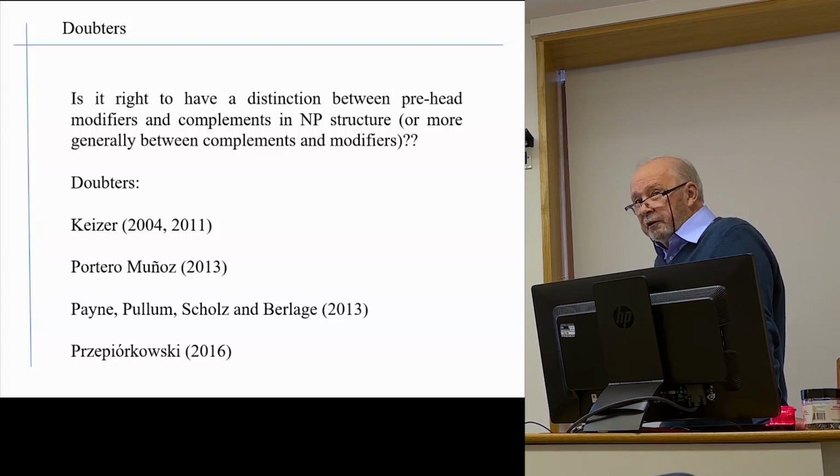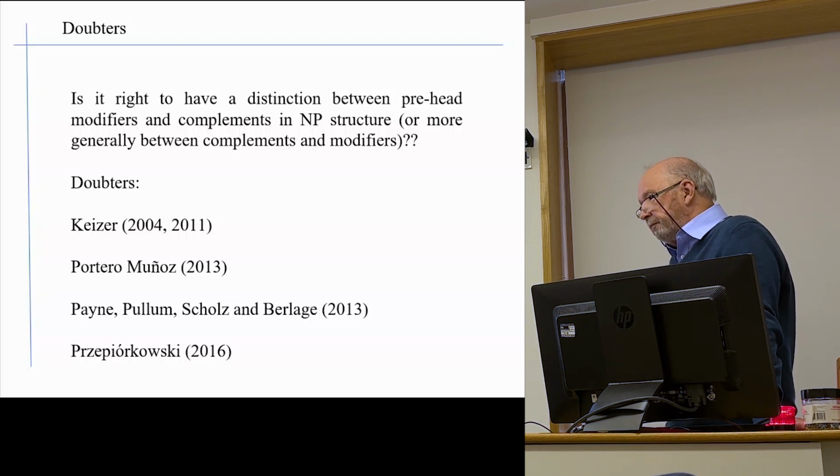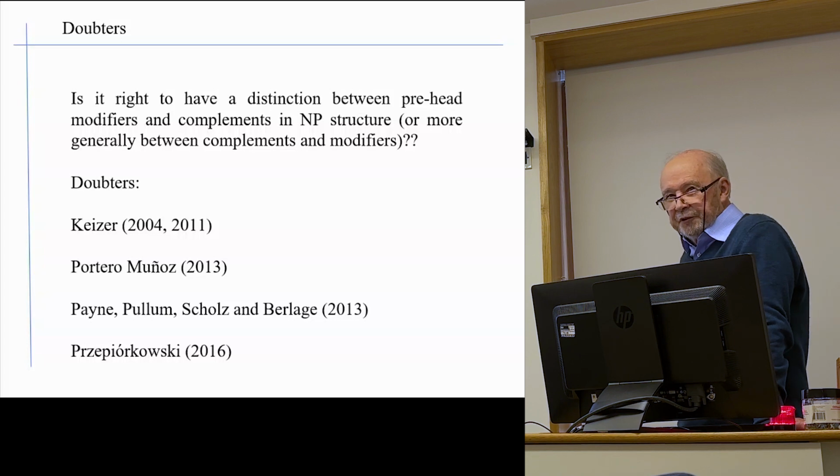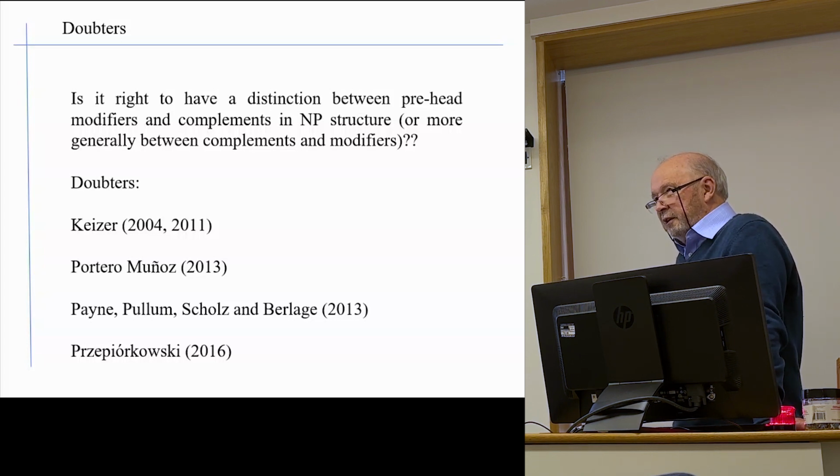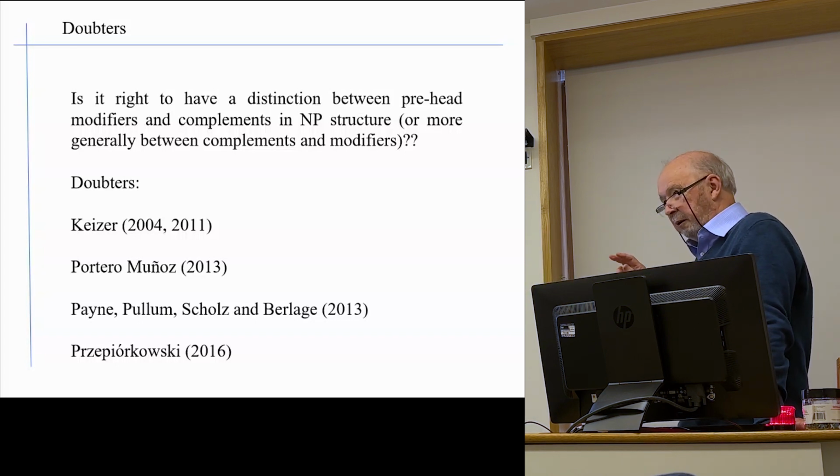Why? Well, he looks at things like obligatoriness, and nouns don't have any obligatoriness. Verbs do, but you don't need to have a complement modifier distinction in order to establish that something is obligatory. You can do that simply by making a specification on the verb.